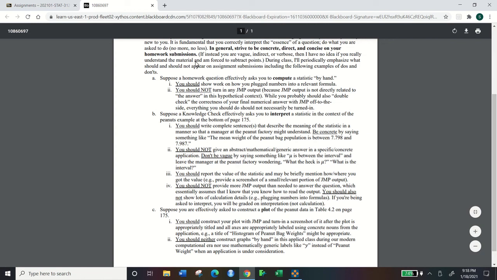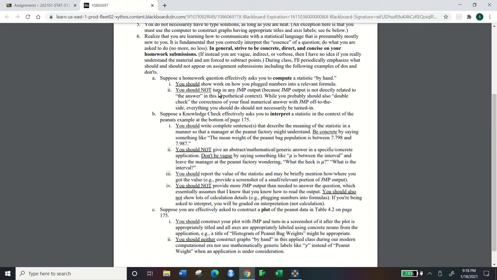And so, some specific examples. If a homework assignment asks you to compute something by hand, that means I want you to work out the information by hand. I do not want just a bunch of JMP output copied and pasted. If your knowledge check asks you to interpret a statistic, that means you should say things like, the mean weight of the peanut bag population is between 7.798 and 7.987 pounds.